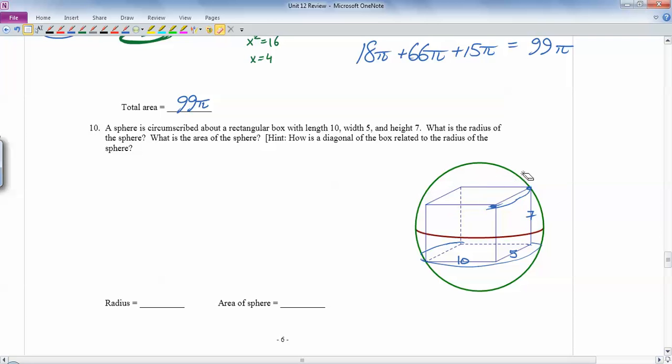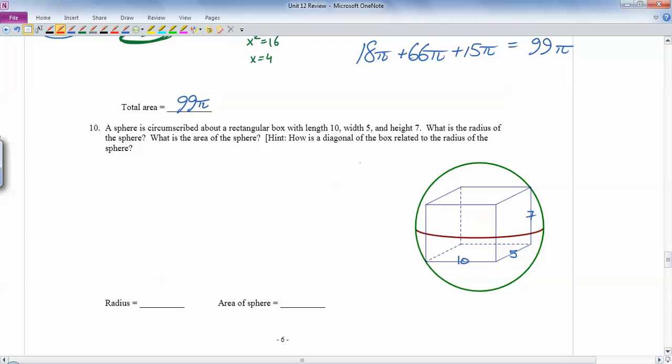So I'm going to get rid of this because that's kind of complicated to see. But it's sort of like if you could perfectly fit this box inside that sphere, all 8 corners of it would be touching the sphere itself. So the question is, what's the radius of the sphere? That's the main thing. And then the area of the sphere is just plugging in the radius into the area formula.